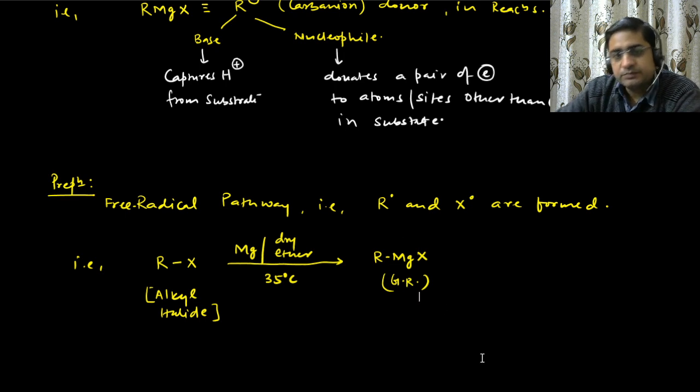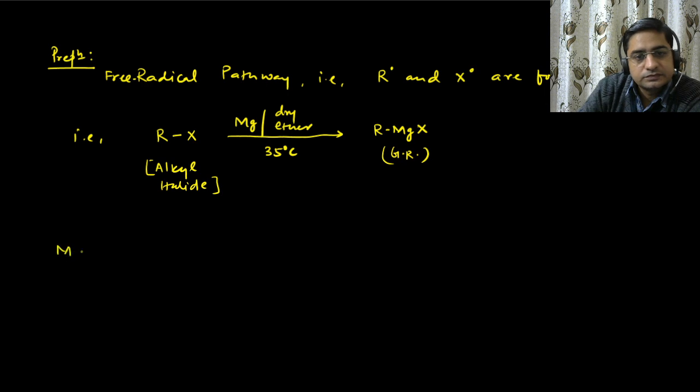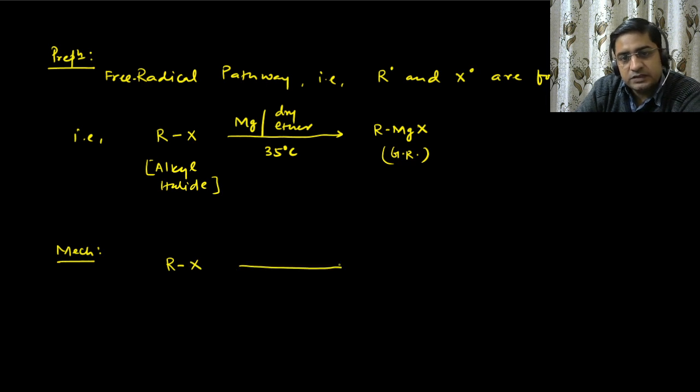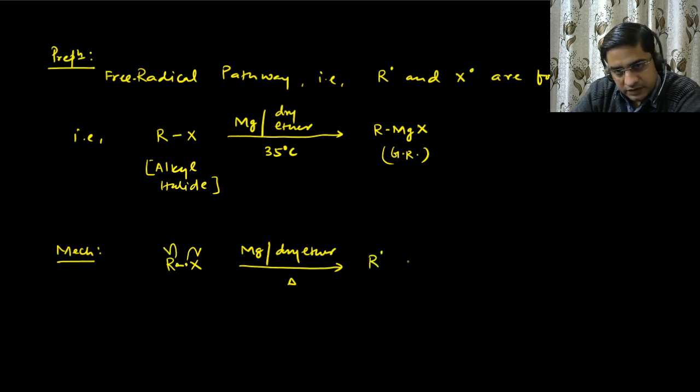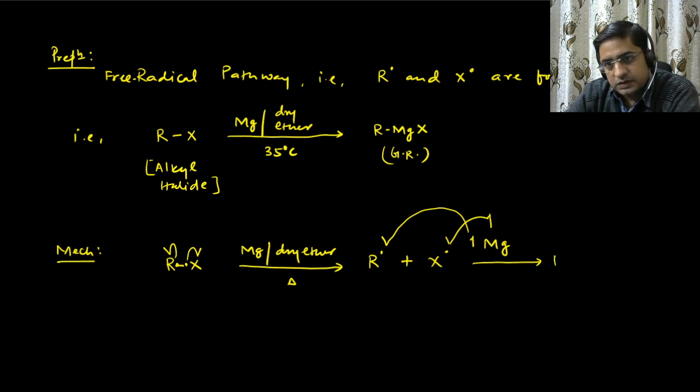Now what is the mechanism? Mechanism is quite simple. The R-X bond is first homolytically cleaved on heating, and we get the two free radicals. Now these free radicals combine with the valence electrons of magnesium. Magnesium has two valence electrons and thus the RMgX bond is formed.